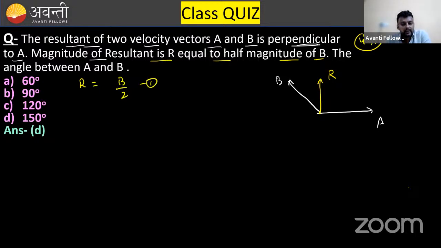This is given. The angle between them is asked. So one thing, it is given that this angle is 90. Clear?